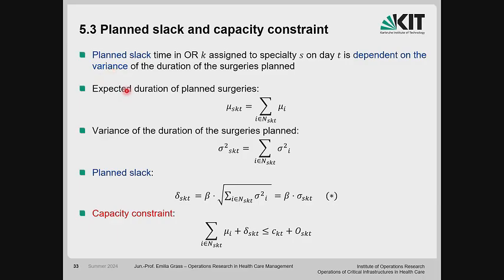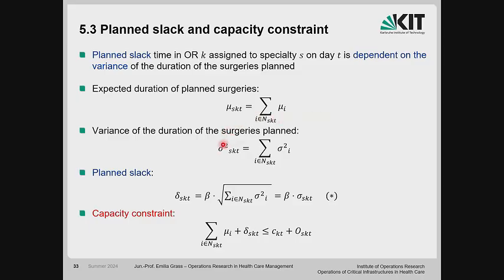And often this variance or the standard deviation is also smaller for these cases. Okay, so the expected duration of all planned surgeries is the sum of expected durations over all surgeries of specialty S in operating room K on day T. And the same for the variance.